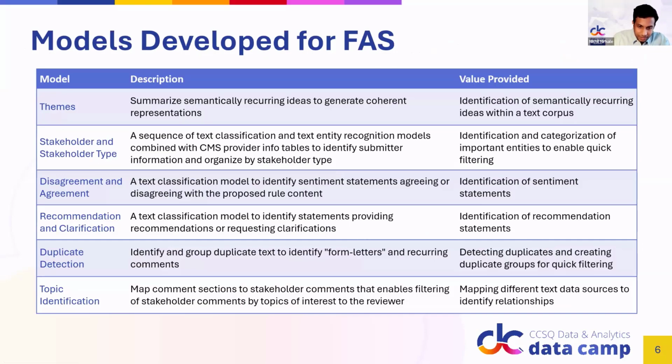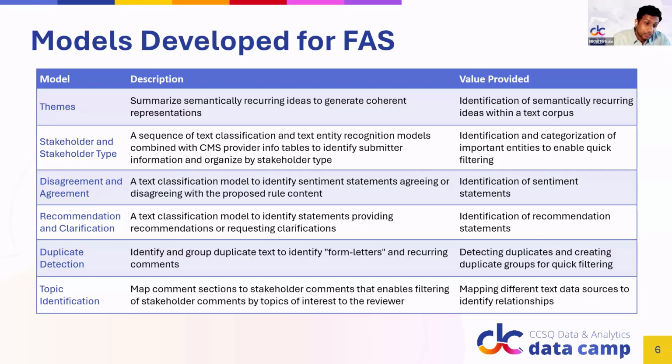Okay, now the models. This is the highlight of what we have done as part of FAS in terms of machine learning. These are all the models that we have developed. These range from themes, identifying stakeholders, identifying sentiments, recommendations, clarification, identifying duplicate data, and mapping comments to proposal topics.